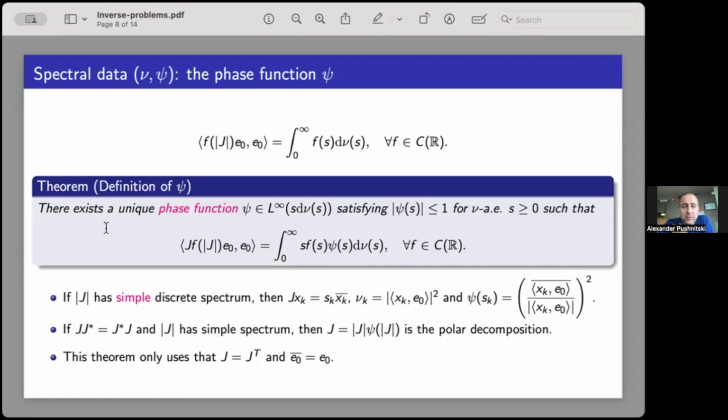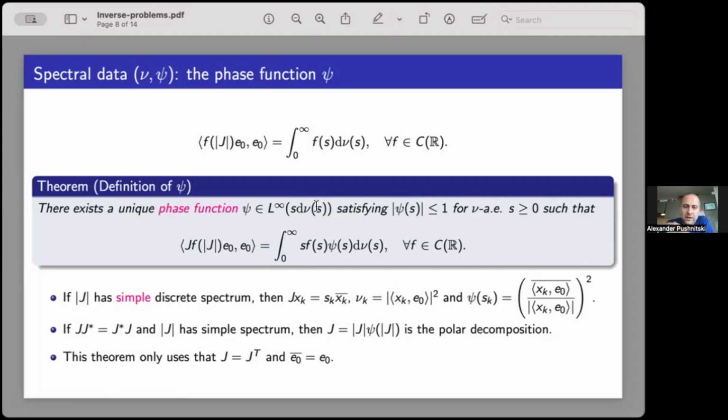Now let's state it more precisely. This is a theorem, but we treat it as a definition. The theorem says that there exists a unique function psi in L infinity with respect to this measure. Here, this s plays no role. It just says that at 0, this function is not well defined. If nu had a point mass at 0, then s kills it.